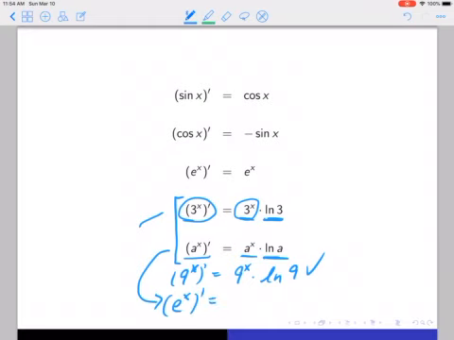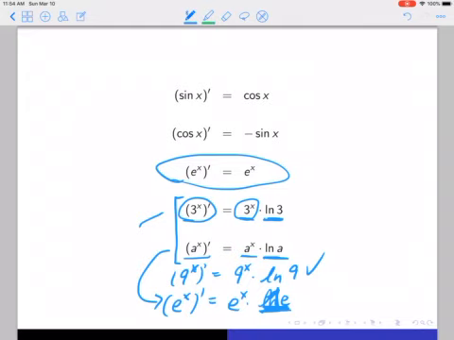The derivative of e to the x should be e to the x times the natural log of e. And wait a minute. Up here, didn't we say that the derivative of e to the x was just e to the x? Well, what's going on? What's going on here is that the natural log of e is just equal to 1. Right? So this formula for the derivative of e to the x is just a special case of the general formula down here.